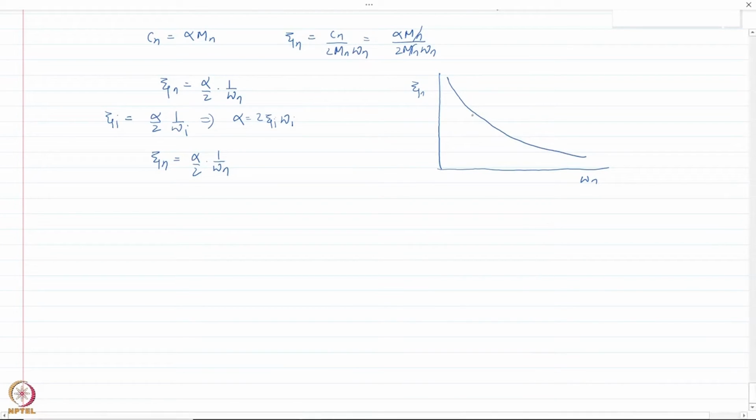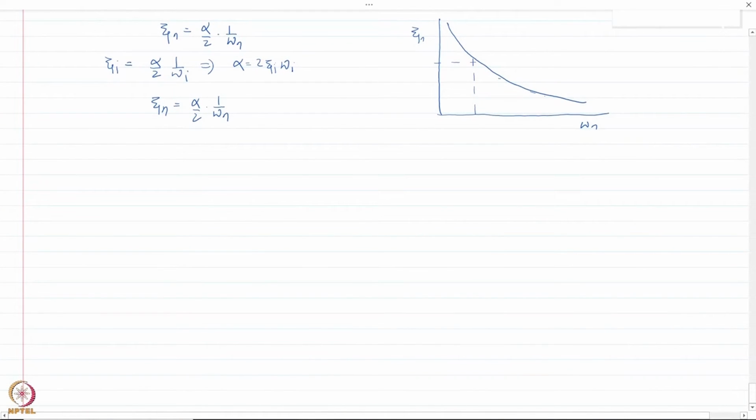So if we specify for, let us say, the first mode, the damping in the rest of the modes would be smaller than the first mode. So this is the mass proportional damping. Now let us look at the stiffness proportional damping, in which the damping matrix is beta, a constant, times the stiffness matrix.